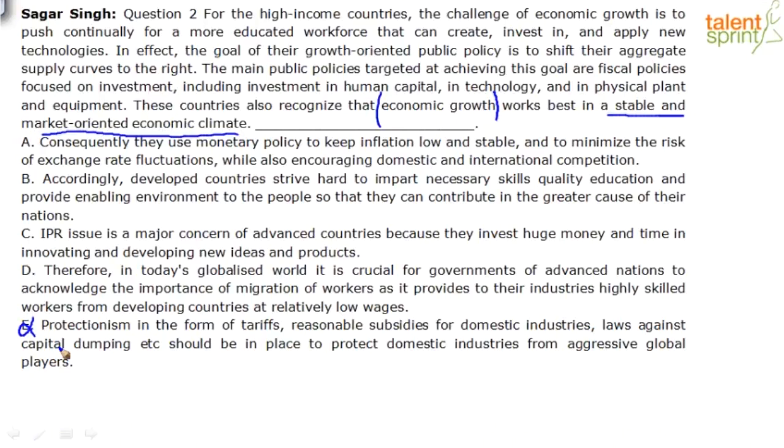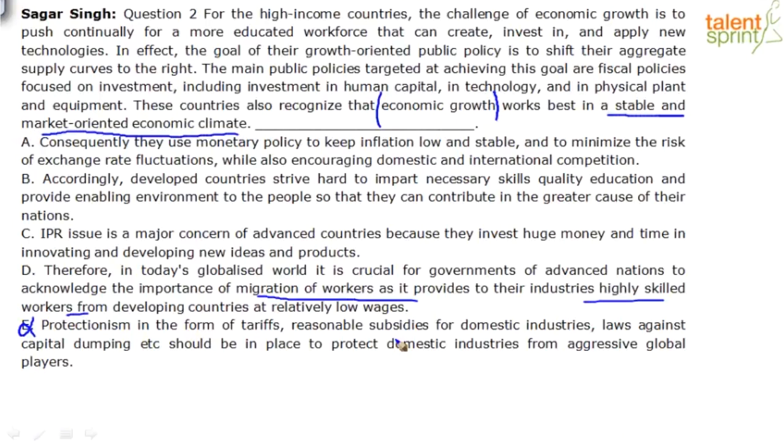It's talking about migration of workers, which provides industries highly skilled workers from developing countries at relatively low wages. Again, it's not a very strong point, right? It's addressing more in terms of migration. Now, how is that going to help in economic growth, a stable and market-oriented economic climate?